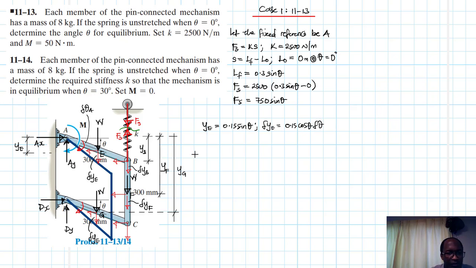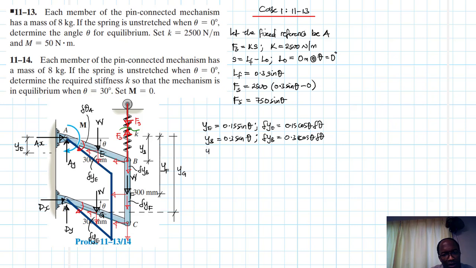Then the next is yB. yB is just equal to 0.3 sine theta, and its vector displacement del yB will be equal to 0.3 cos theta del theta.